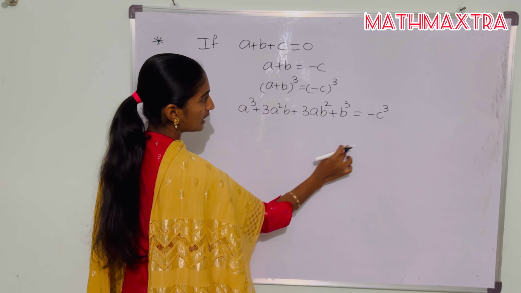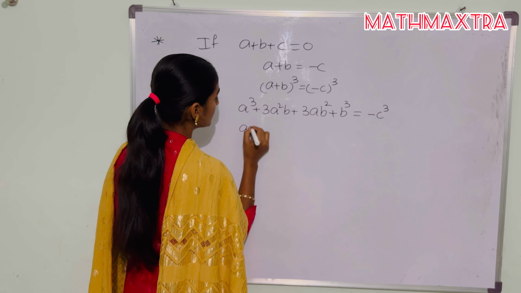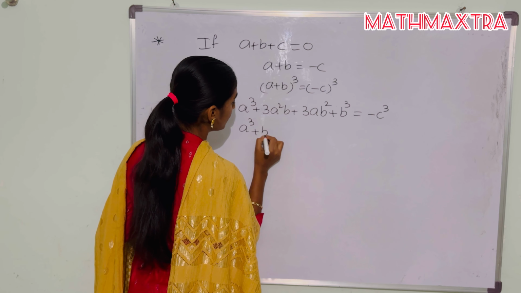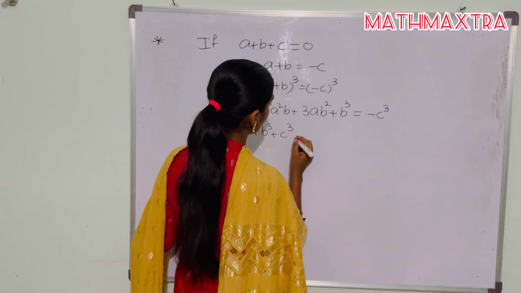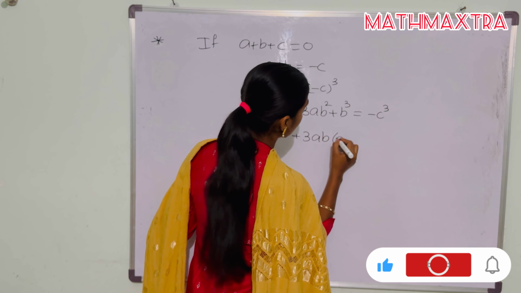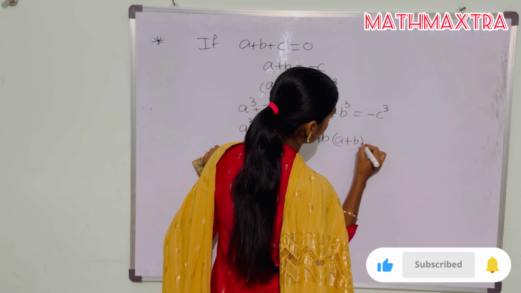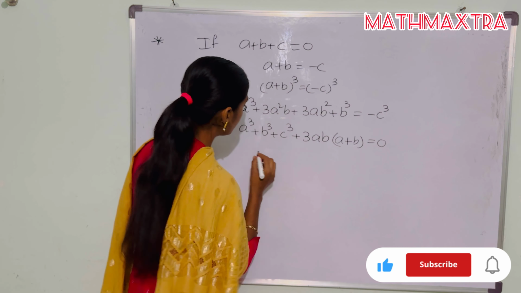You bring this c cube to this side, which is a cube plus b cube plus c cube, and in the 3a square b plus 3ab square, what is common in this? 3ab is common, right? So you take 3ab common. (a plus b) remains a plus b, which is equal to 0. So we know this a plus b is equal to minus c.